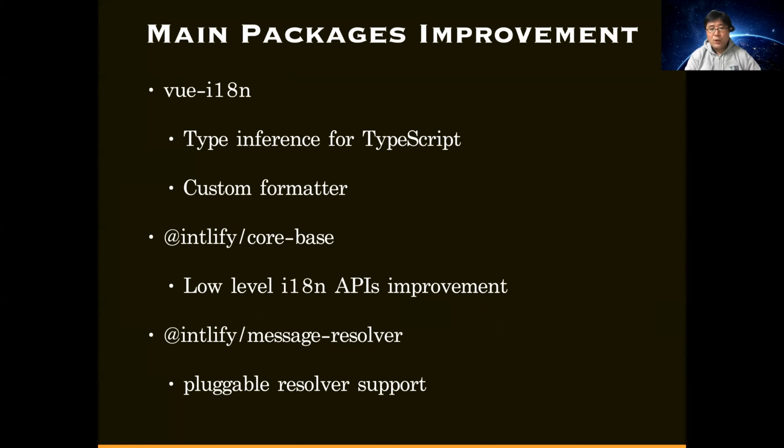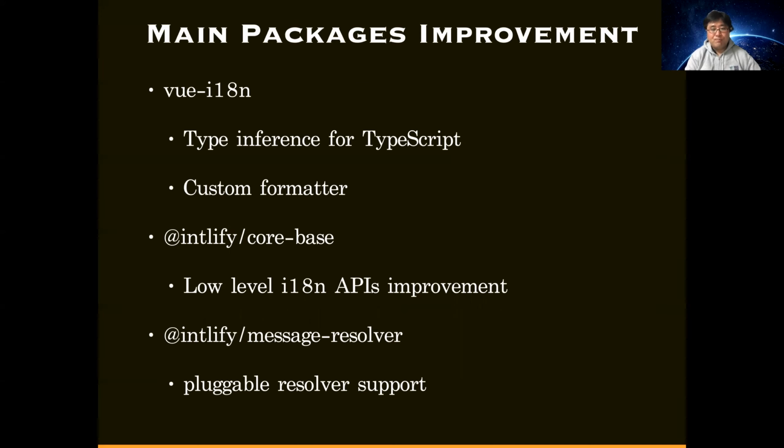When this is supported, there will be fewer missing keys, which will further improve developer experience. The second is support for a custom formatter. Custom formatter was not supported in the Vue I18n version 9 release, but we will support it by improving the Vue I18n internal API to a higher level of abstraction.